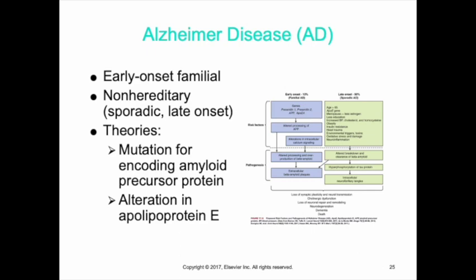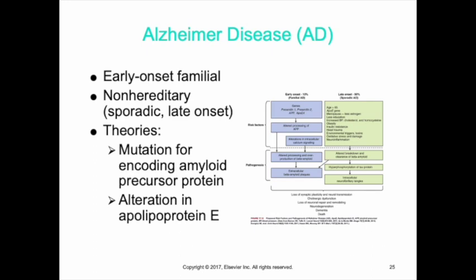We also understand that there is a genetic risk for late onset Alzheimer's disease as well, and this is related to the apolipoprotein E gene with the allele 4, and this is located on chromosome 19, and it interferes with amyloid beta clearance from the brain, and this is why we get that accumulation of amyloid plaques. It's processed into neurotoxic fragments that are found in the plaques and the tangles in the brain of people with Alzheimer's disease.